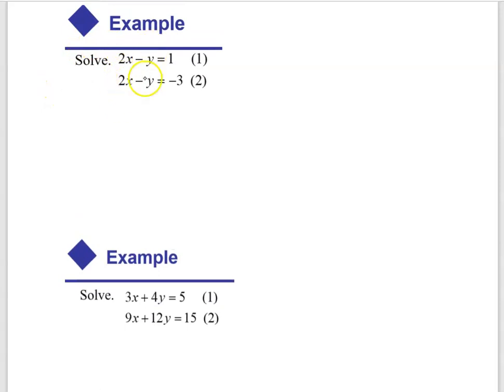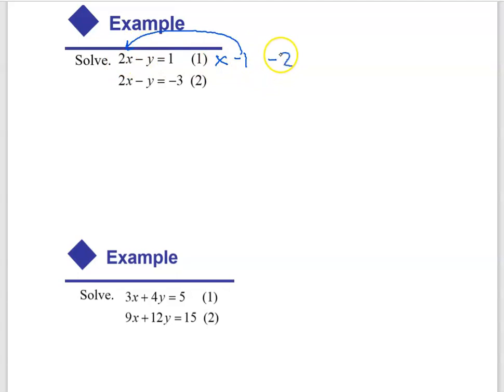Okay, we've got this one is a little bit easier, right? Because I've already noticed that at least these are both 2's, and there's no number in front of this, but this would be a negative 1, and this is a negative 1. So maybe what I should do is multiply, let's just multiply the top row by negative 1. That's going to make that be a negative 2.